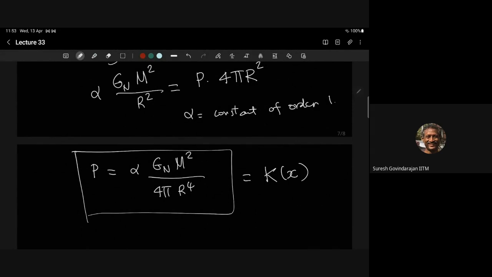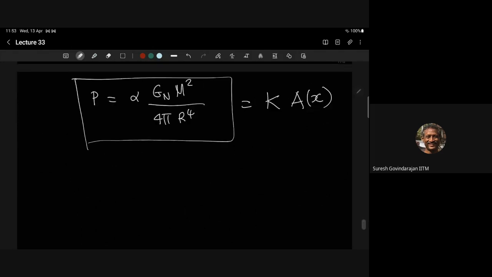So it is equal to k times A of x. What this formula does is relate mass and radius.